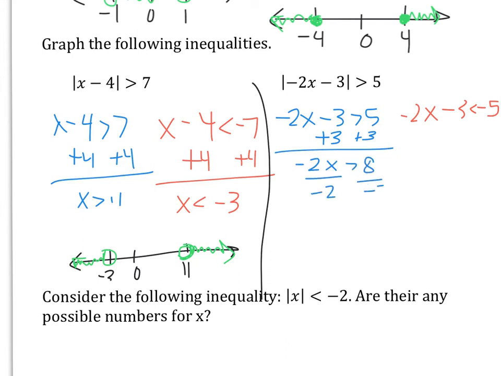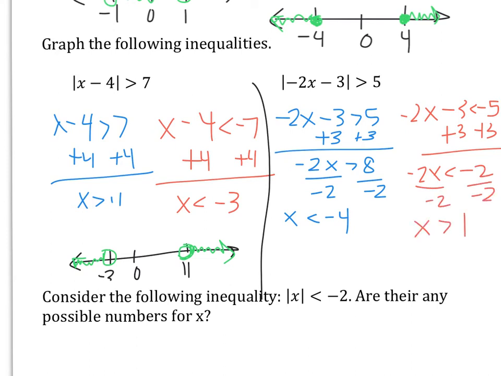Divide by negative 2, and when I divide with a negative, I have to flip the inequality symbol, so that becomes less than. Over here, I'll add 3. Negative 2x is less than negative 2. Divide by negative 2, and again, when I divide by a negative, I flip the inequality symbol. So I get x is less than negative 4, and then x is greater than 1.